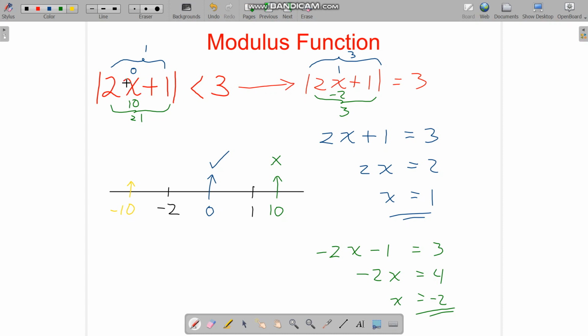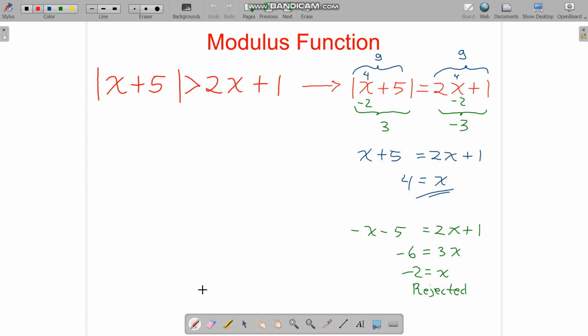If the x is minus 10, 2 times minus 10, so minus 20 plus 1, minus 19 in absolute value, so that's positive 19. Positive 19 is not smaller than 3, we cannot use this interval. So in conclusion, we can only use the interval in the middle, so therefore x is between minus 2 and 1. That's the final answer.